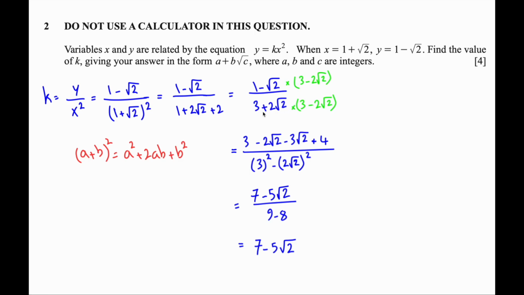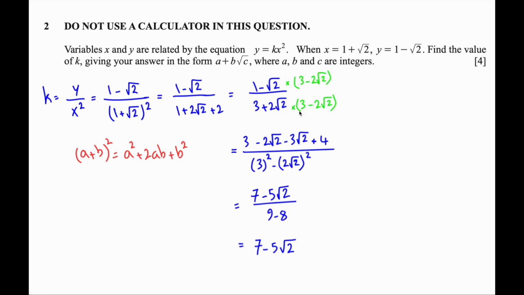If you want to rationalize a fraction which has a surd in its denominator, you have to multiply top and bottom by the conjugate of the denominator. The conjugate is basically the same terms, but the middle sign has to be changed. If it's positive, we make it negative. If it's negative, we make it positive.